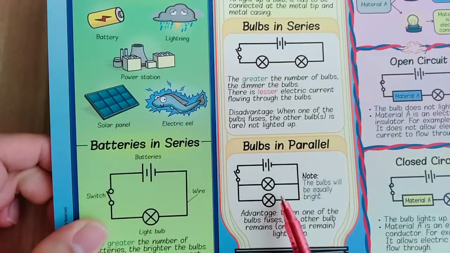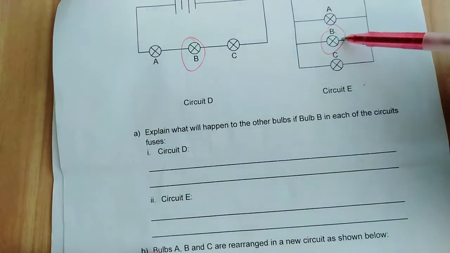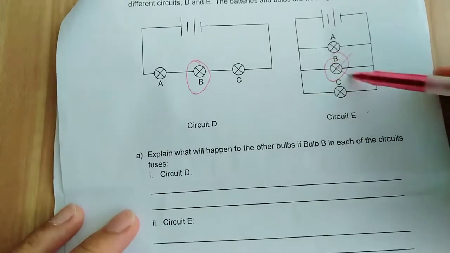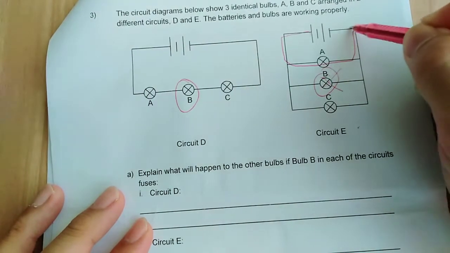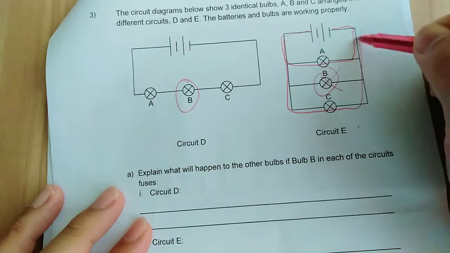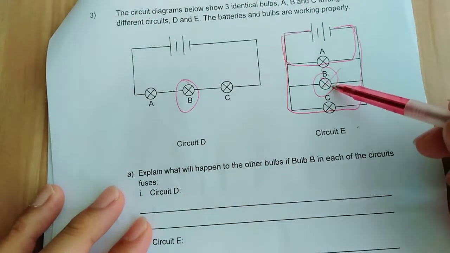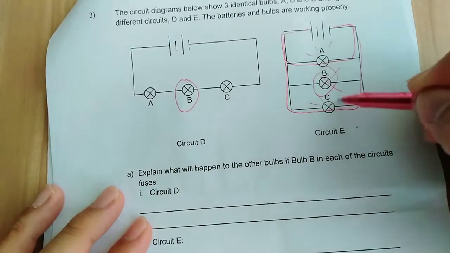When bulbs are arranged in parallel, when one of the bulbs fuses, the other bulbs remain lighted up. So here, if this one were to fuse, electrical current can still flow through bulb A in the first loop, it can still flow through bulb C in the second loop. Alright, it won't flow through bulb B, but it can still flow through these two. So these two will remain lit.